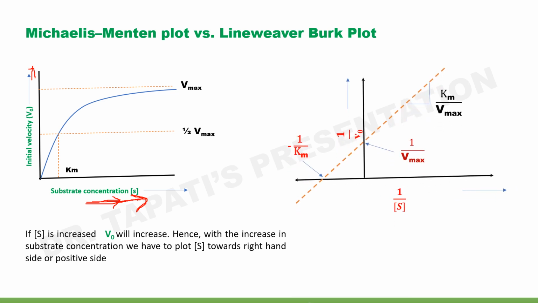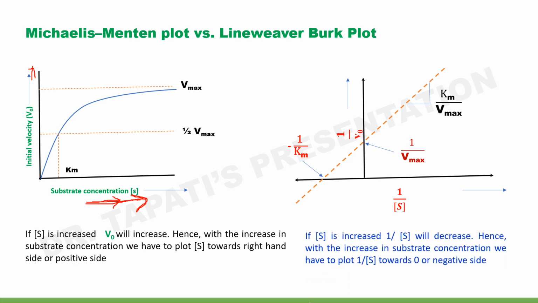Whereas if you see the Lineweaver-Burk plot, in this case, if substrate concentration is increased, 1 by S will decrease. Therefore, with the increase in substrate concentration, we have to plot 1 by S towards 0 or towards the negative side.